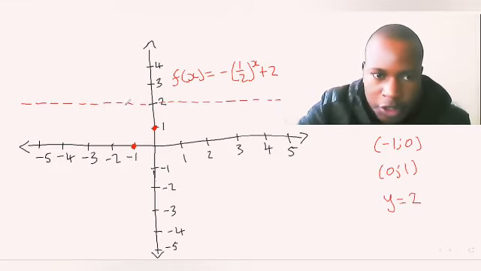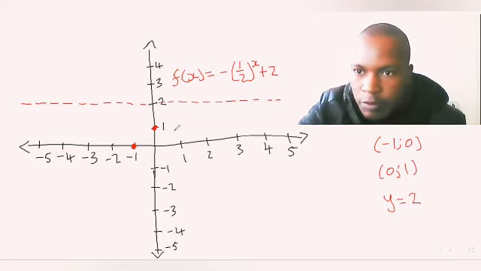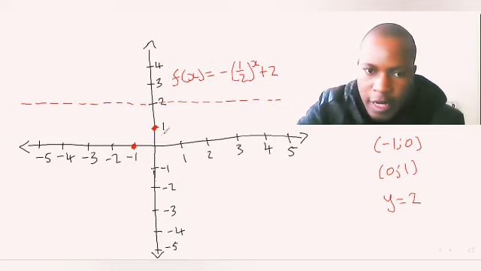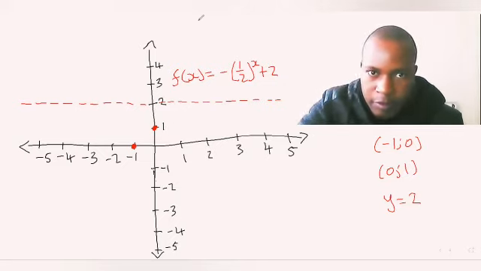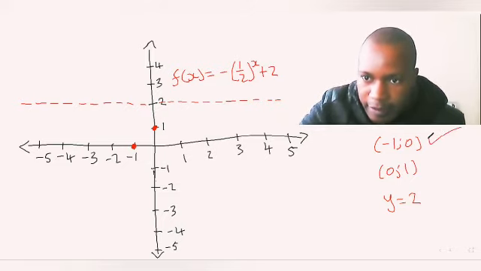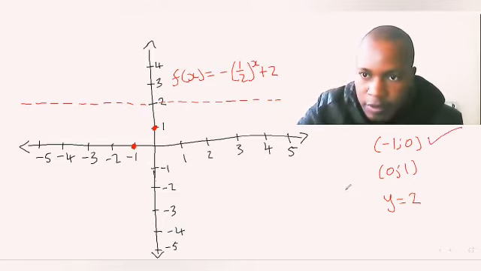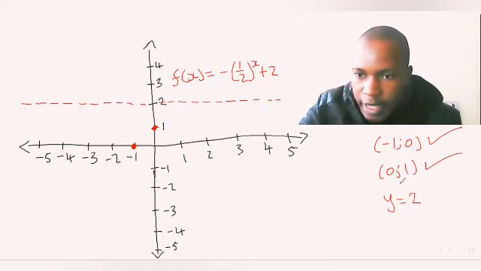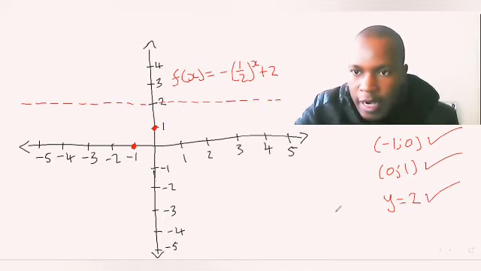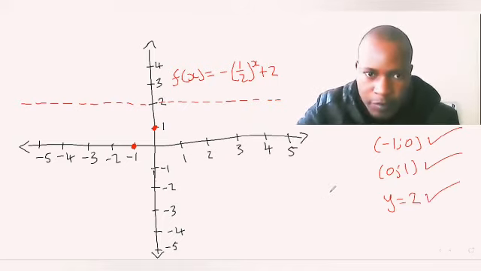You can then just choose a scale, a suitable scale for you to be able to draw the function itself. Remember that we will need the x-intercept, which is (negative 1; 0), the y-intercept, which is (0; 1), as well as the horizontal asymptote.